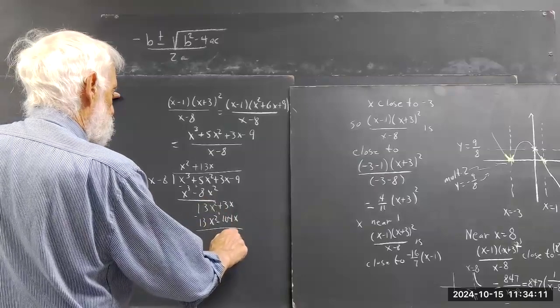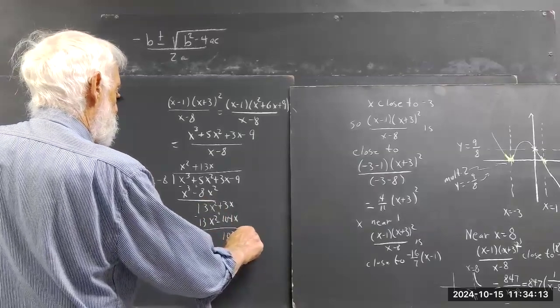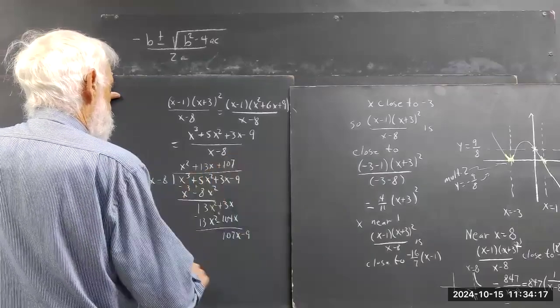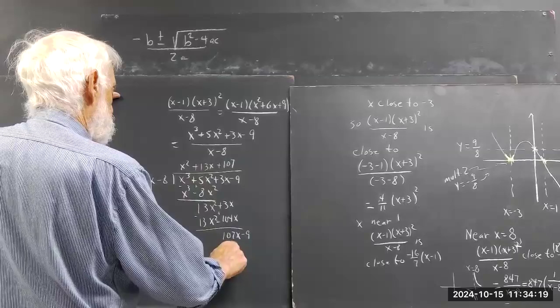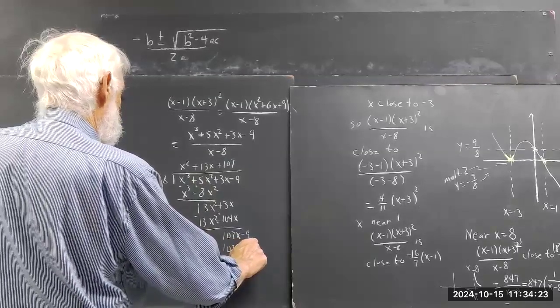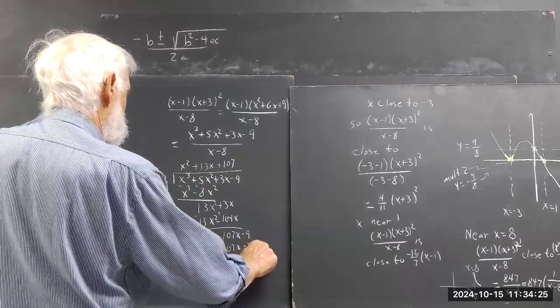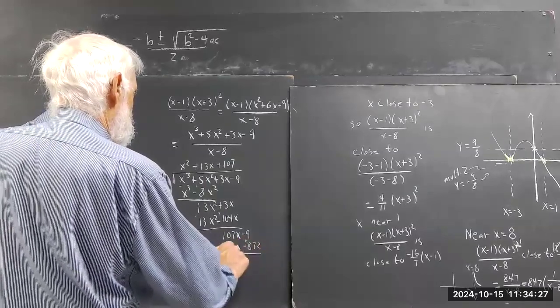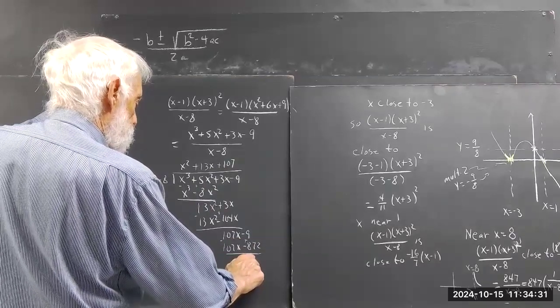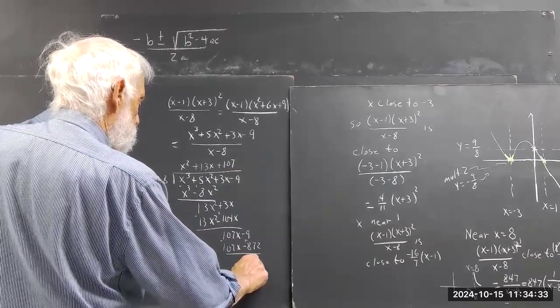And you have then 107x minus 9, so that would be plus 107. And then you multiply that through, you get 107x minus 856, that's going to be subtracted, and you get 881.